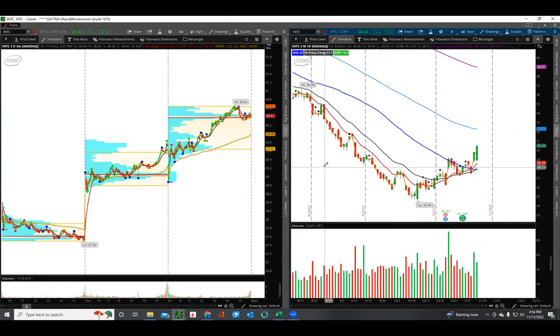So, the Ichimoku cloud. Okay, it can be used for support and resistance. Before I throw it up on the chart here, it can be used as support resistance.